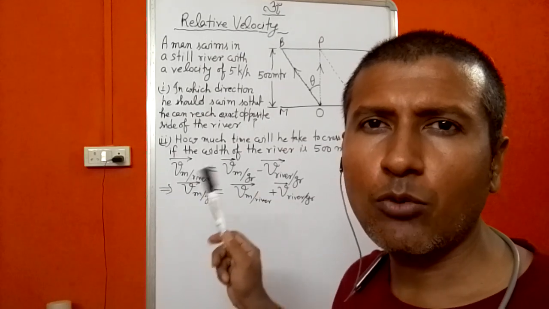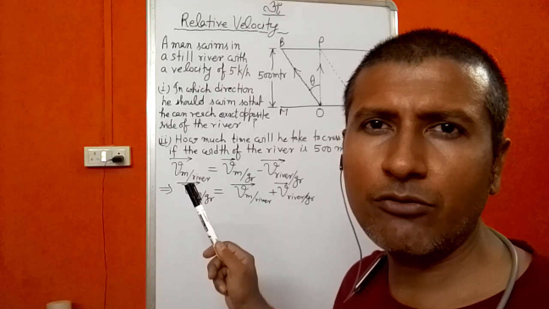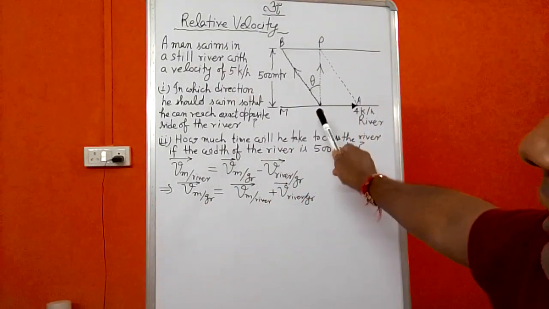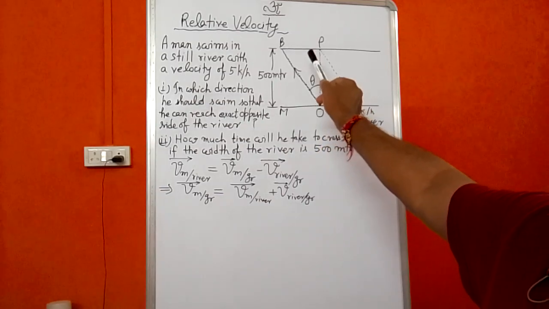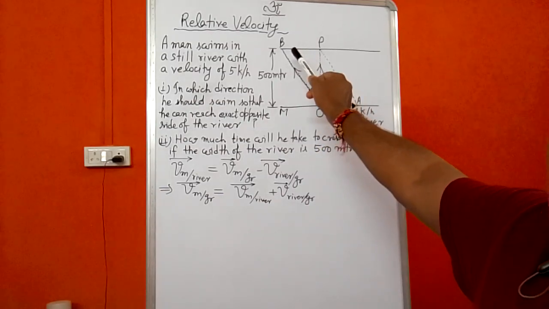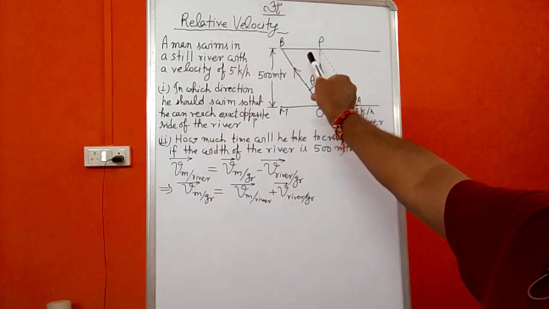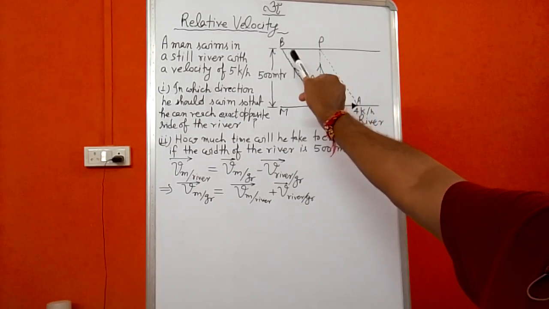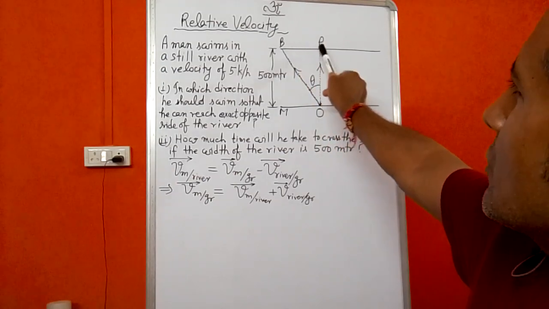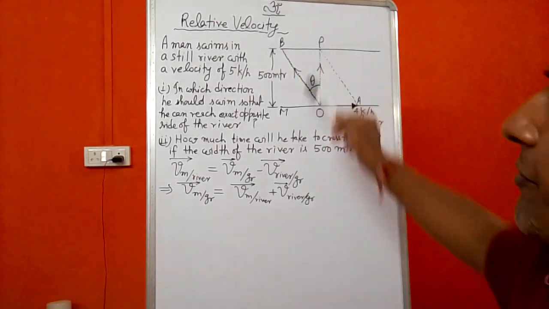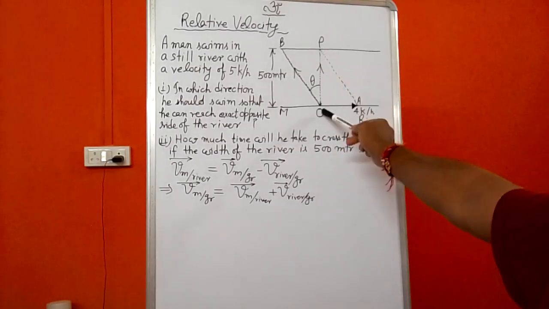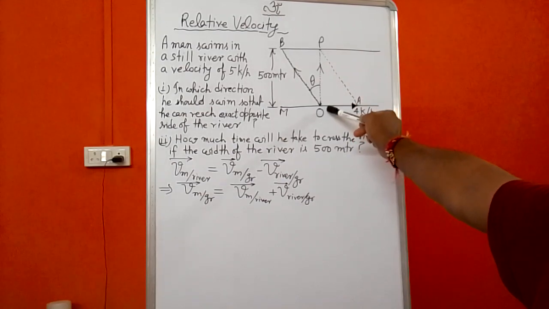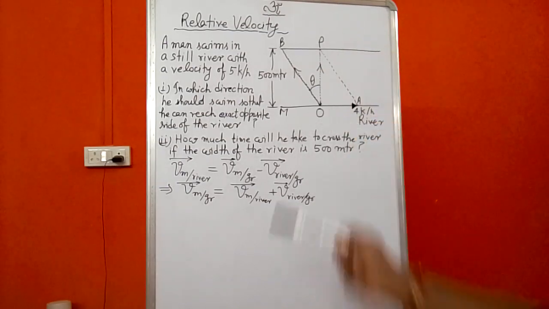Means a person wants to cross the river in such a way that, let's suppose, he is at a point O and he wants to reach exactly the opposite side, at point P. He is at O and wants to reach P, which is just opposite to point O on the other side of the river.